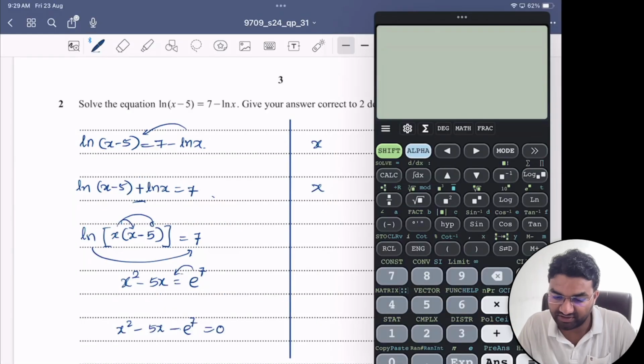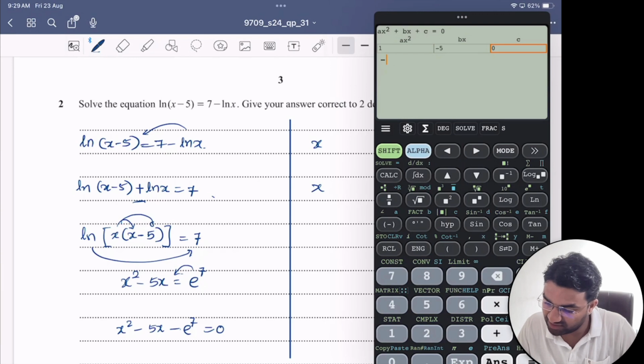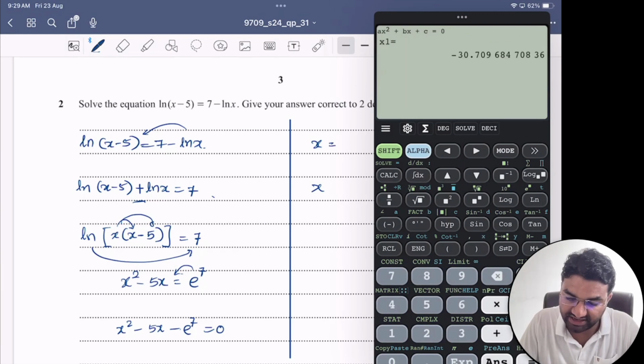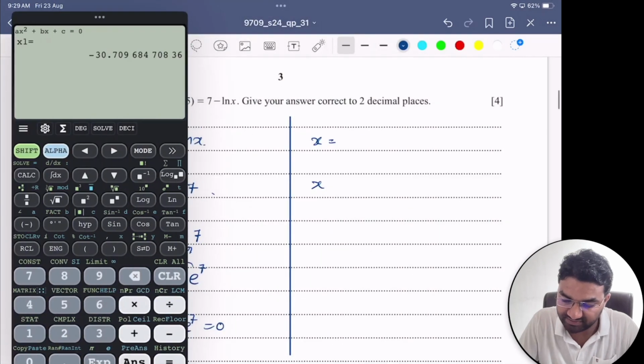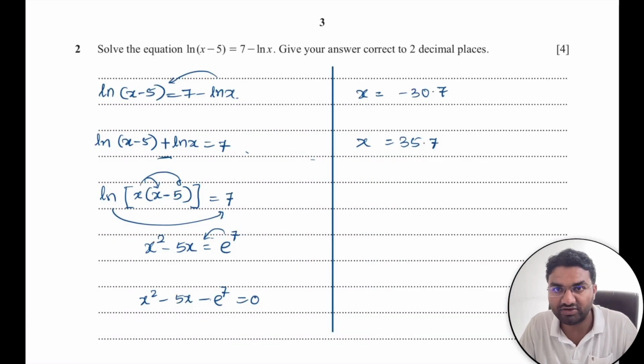You can use the quadratic equation function: a is 1, b is -5, then c is -e to the power 7. So we will get one value of x as -30.7 and the other value of x is 35.7.